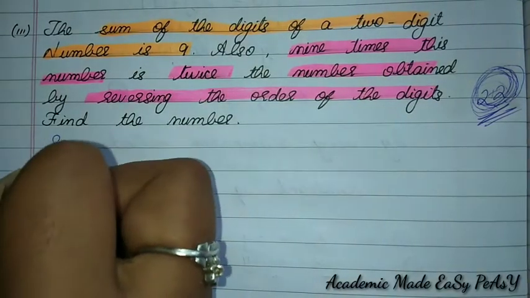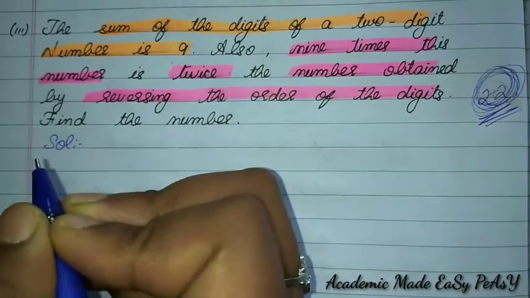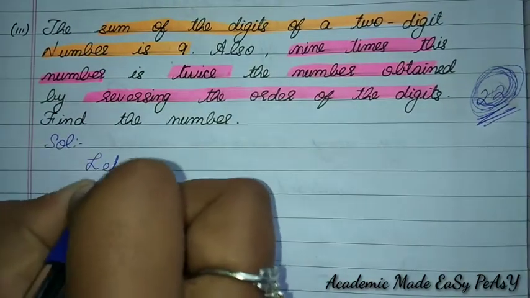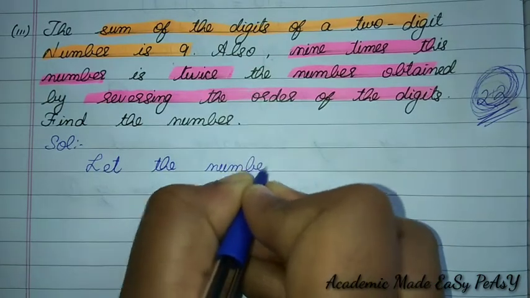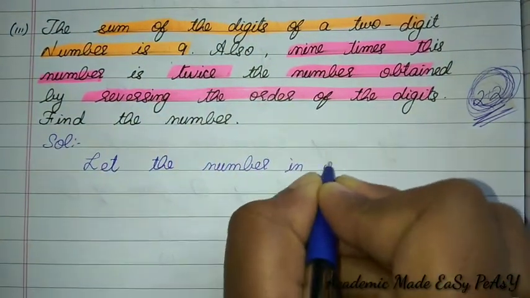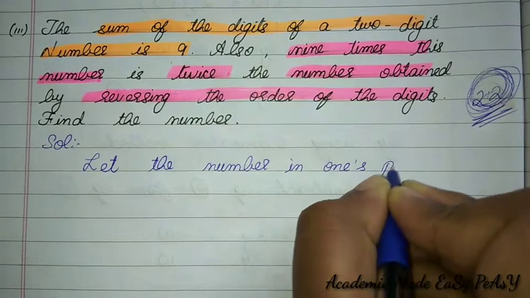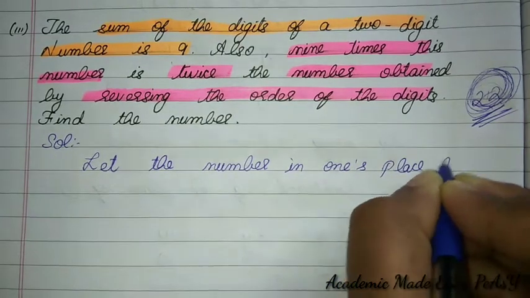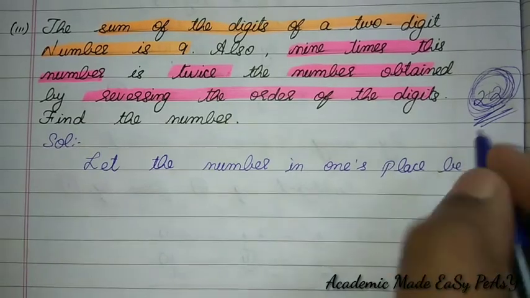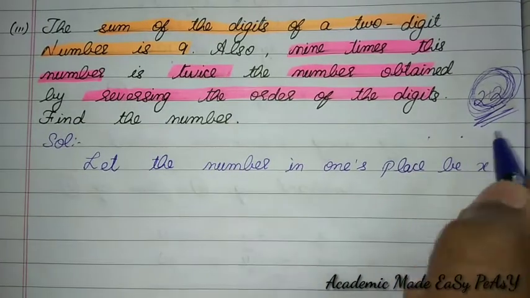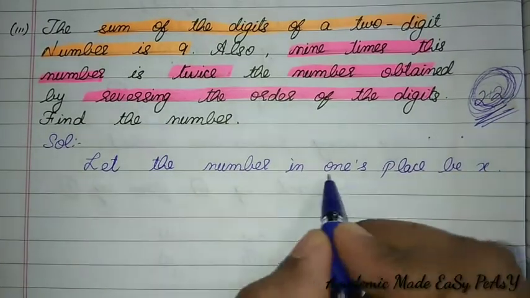So solution. Let the number in ones place be x. Okay, ones place, tens place, you know, no? That is ones place over here.